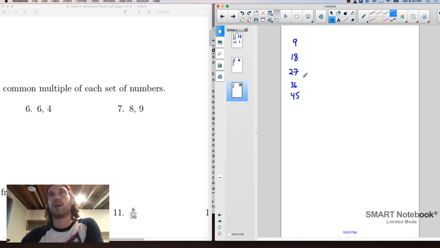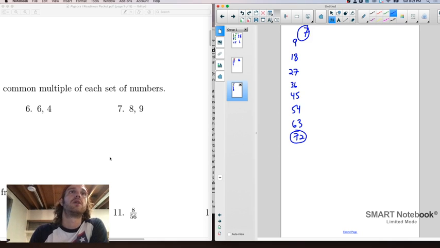Next one, 54, nope. 63, nope. 72, yes. So 72 is our LCM. That's going to be 8 times 9. So I'm going to save some time here. For number 7, the LCM, if you were to write all these out, would be 72.